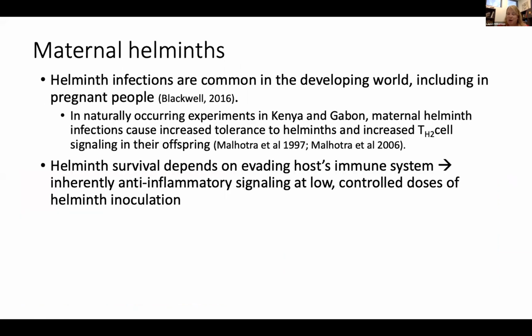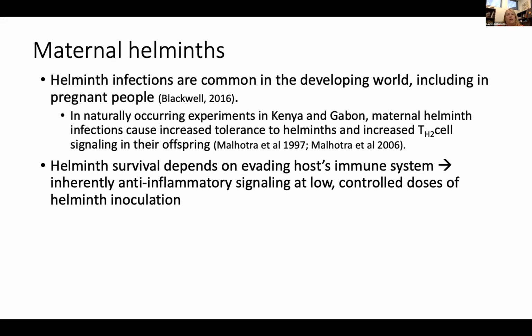So there come the worms. That's right, helminths are worms, and this always makes people feel squidgy. I get it. But helminth infections are common in the developing world. We have indoor plumbing and different ways of managing waste that do not expose us to helminths in the developed world. And pregnant women or women pre-conception get helminth infections and don't get treated for them.